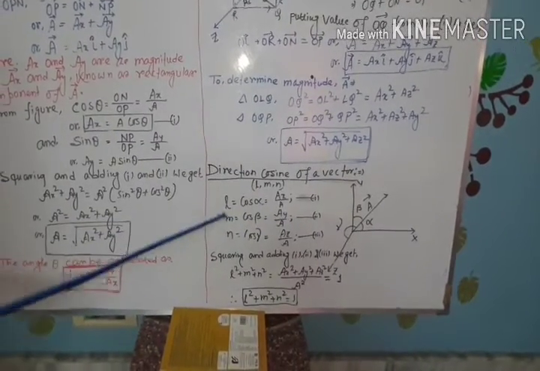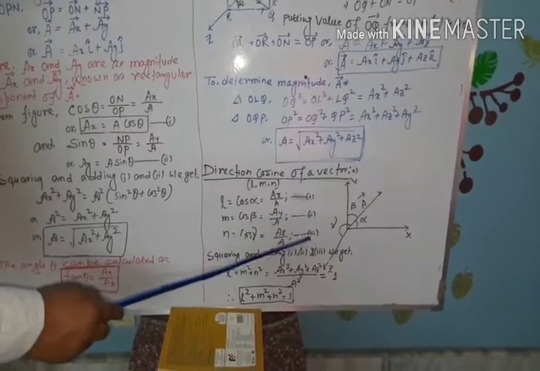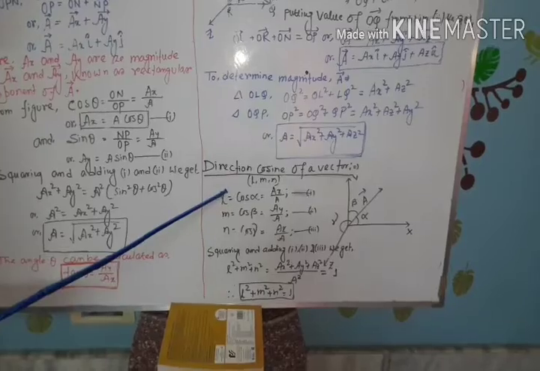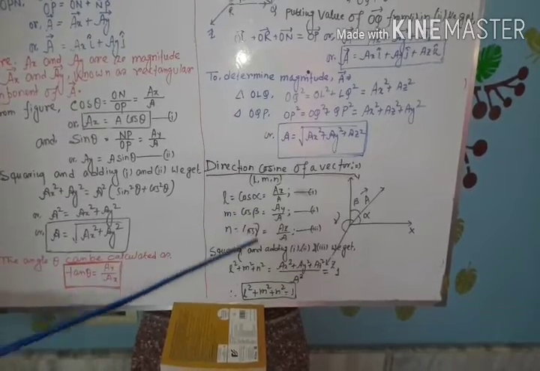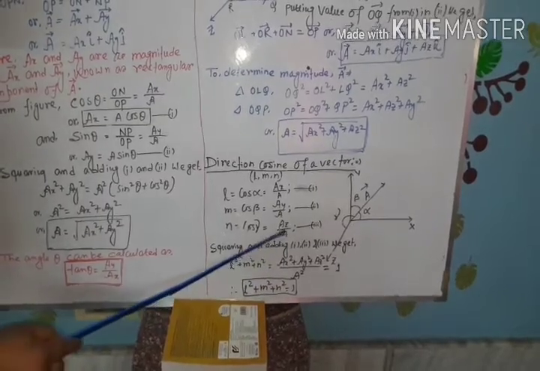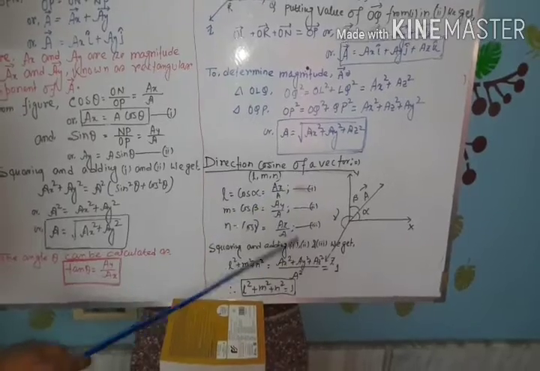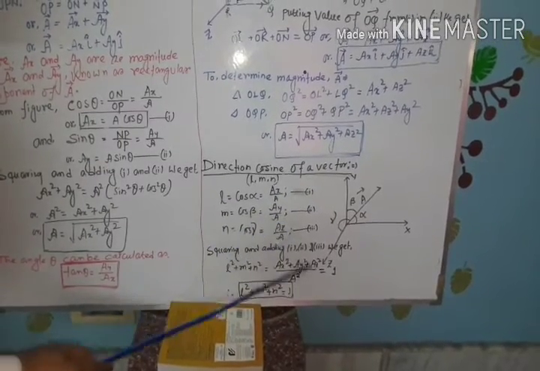Now if we square the three equations on both sides and add them, then we get l square plus m square plus n square on the left hand side, and on the right hand side, AX square plus AY square plus AZ square over A square.